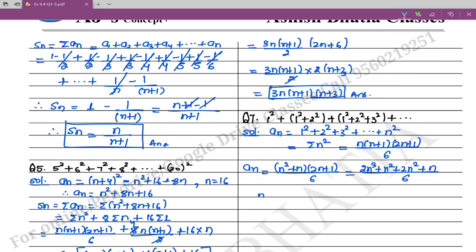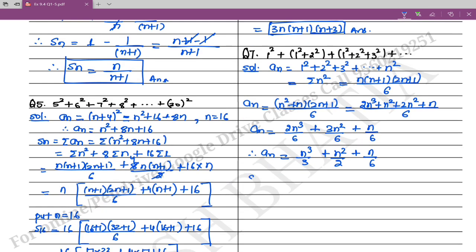So an will be equal to 2n cube by 6 plus 3n square by 6 plus n by 6. I am separating each term with the denominator. So finally an is n cube by 3 plus n square by 2 plus n by 6.